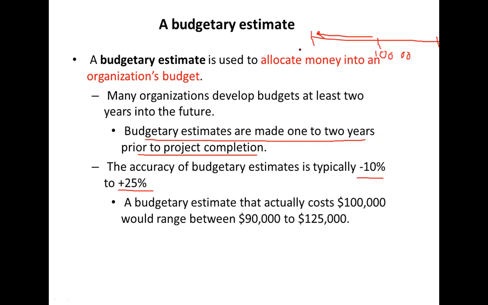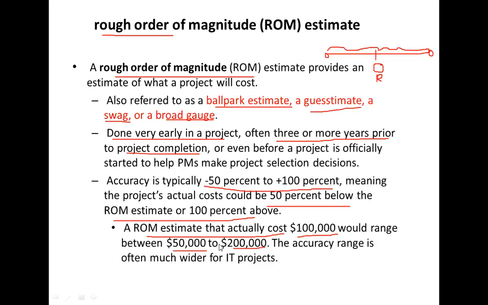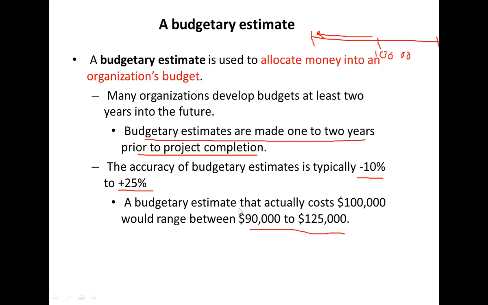Okay. So the range is smaller here than the range we have for ROM. The accuracy is somewhat higher than the ROM estimate in the budgetary estimate.